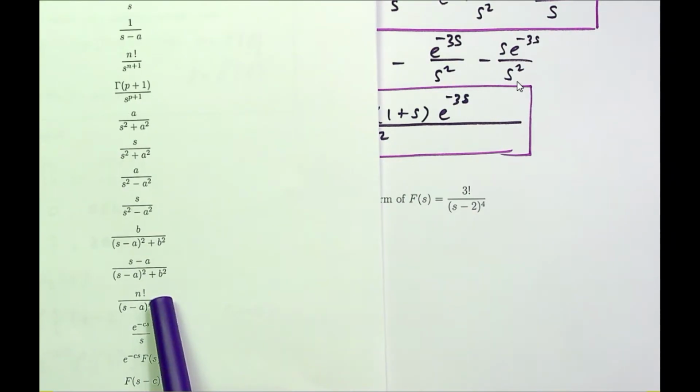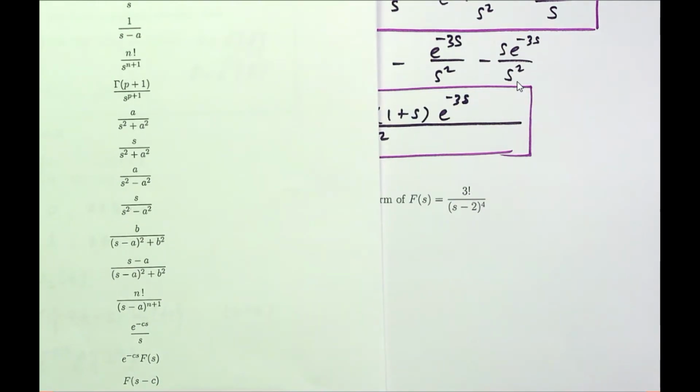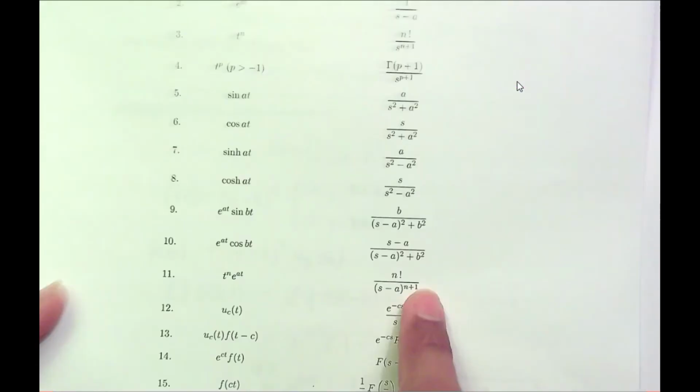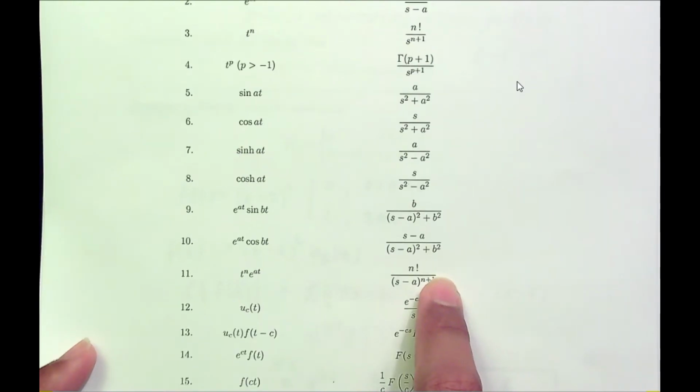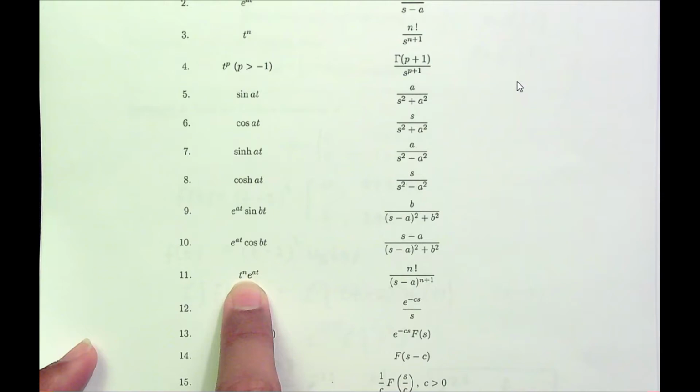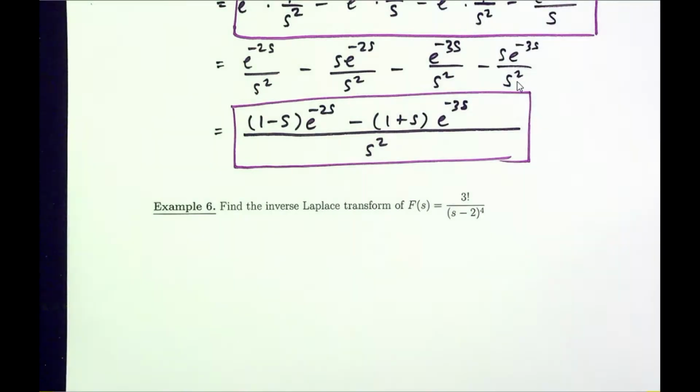It is precisely that one where n equals 3. Indeed, if n equals 3, you have 3 factorial on the top and the exponent will be 4. So that matches perfectly, n equals 3 and a equals 2. Looking at the corresponding inverse Laplace transform, it will be this thing where again n equals 3 and a equals 2. So in this problem, we got the answer right away.